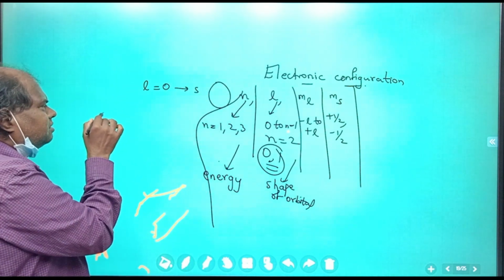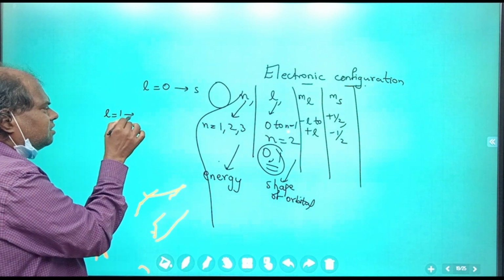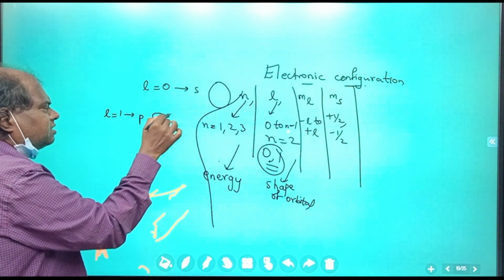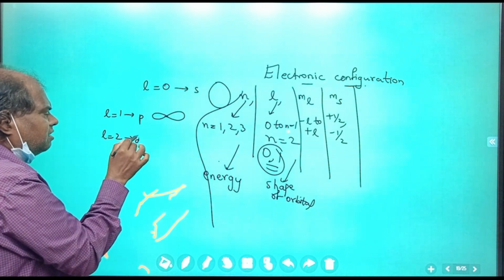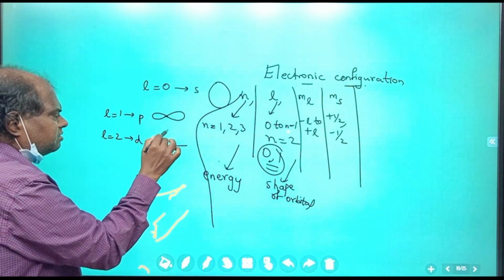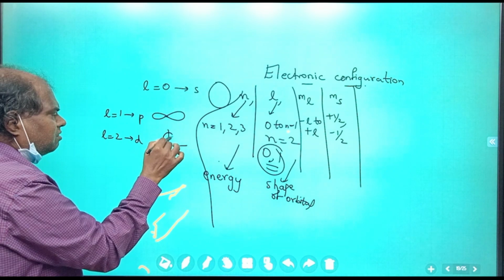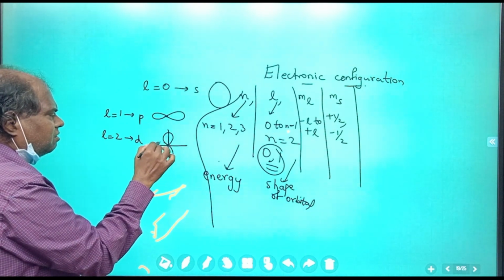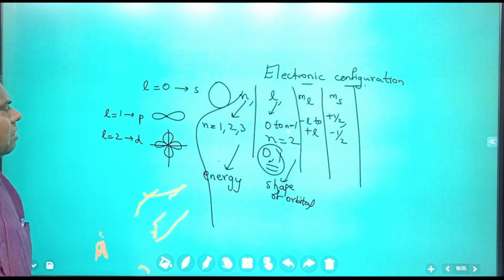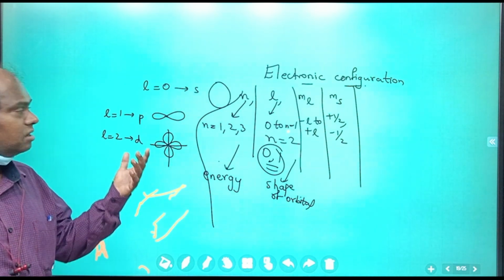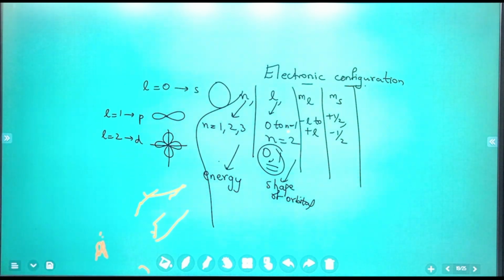Correct? l is equal to 1 means p orbital, right? p orbital will look like this. l is equal to 2, d orbital. d orbital will look something like this. Okay? Correct?